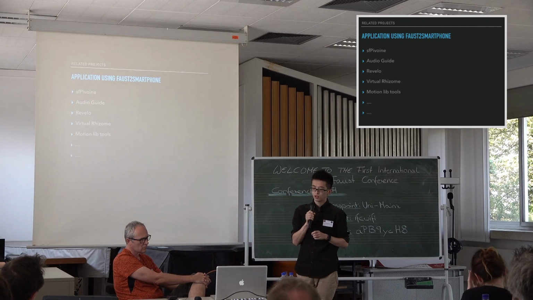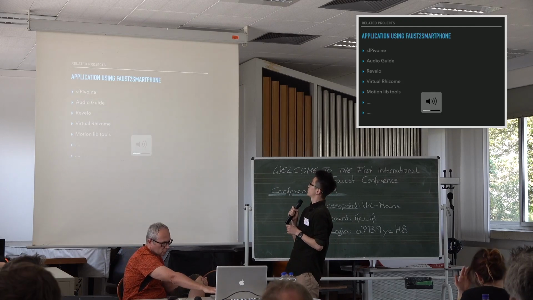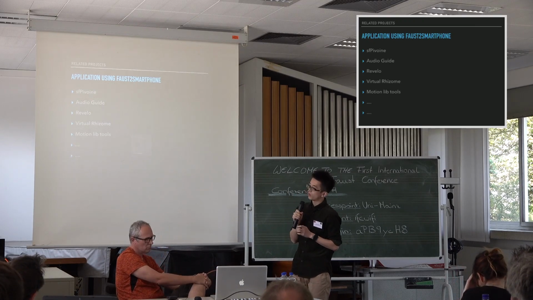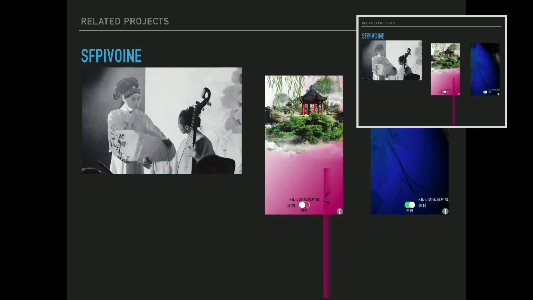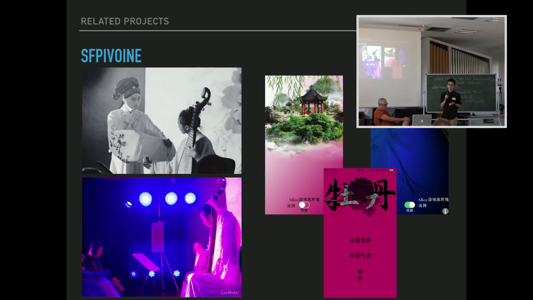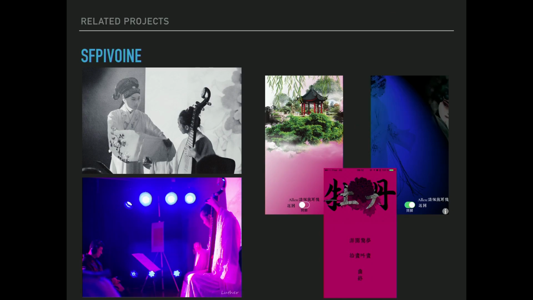Next part, we want to show you some applications using Faust2smartphone. We want to start with SFP1. It's an application created for the piece P1. It's Peony in French. It's a piece created in 2017 for live performance of pipa, a Chinese instrument, and Kunqu, a Chinese opera.